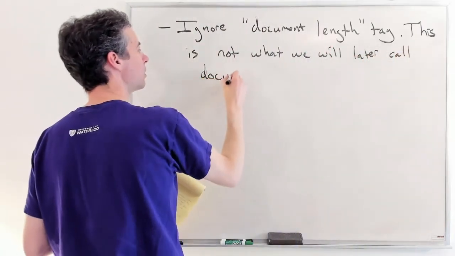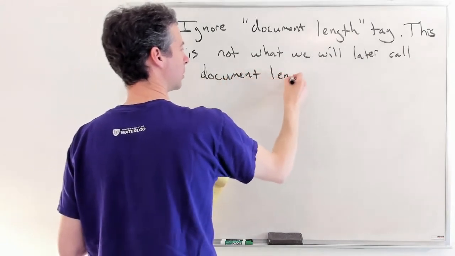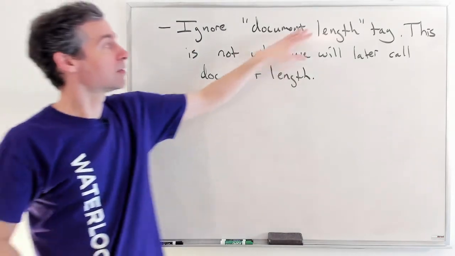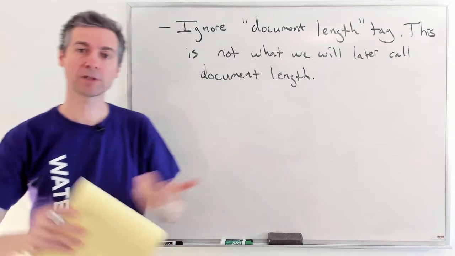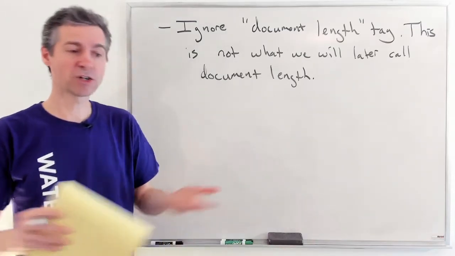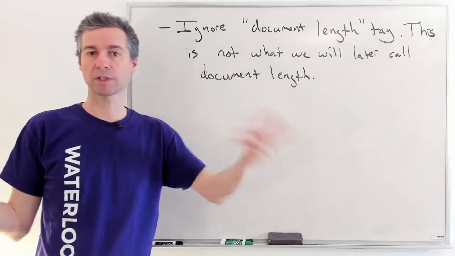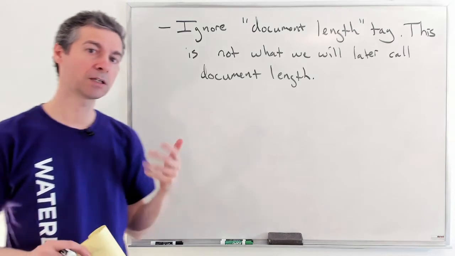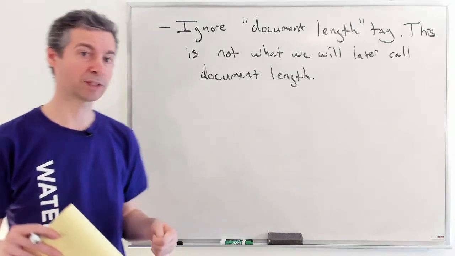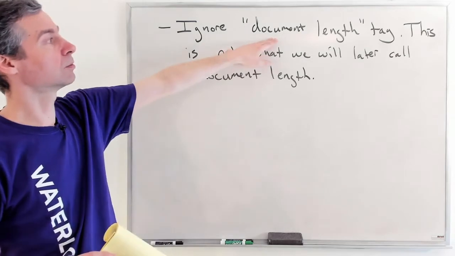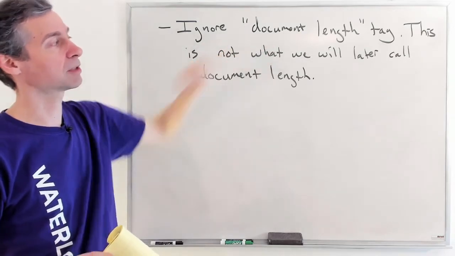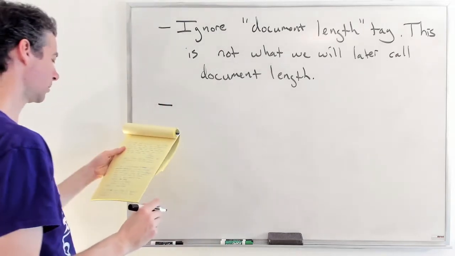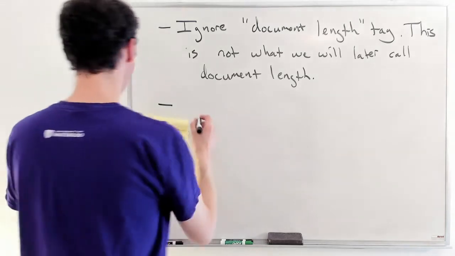We will be computing document length for our retrieval algorithm. It is not the value in this tag. This tag is part of the Los Angeles Times and their notion of how long the document is, that they wanted to tell people, oh, it's 600 words long. That's not our measure of document length. We're going to compute our own. So don't ever think you go grab the document length from the document length tag. You do not.